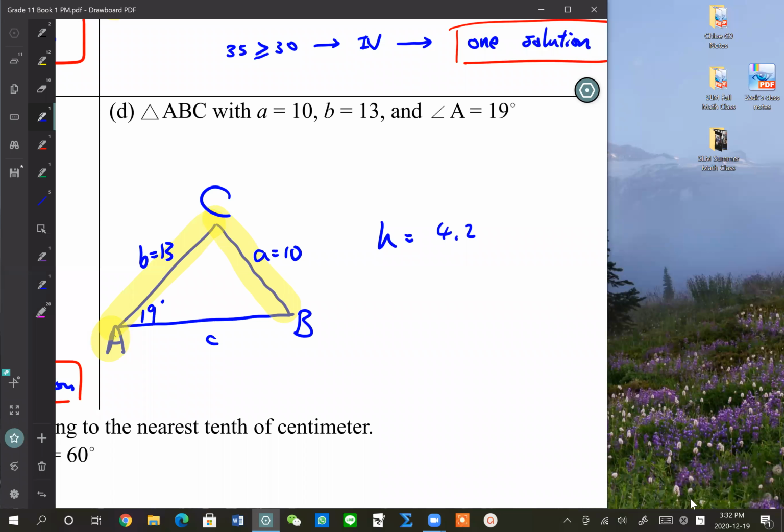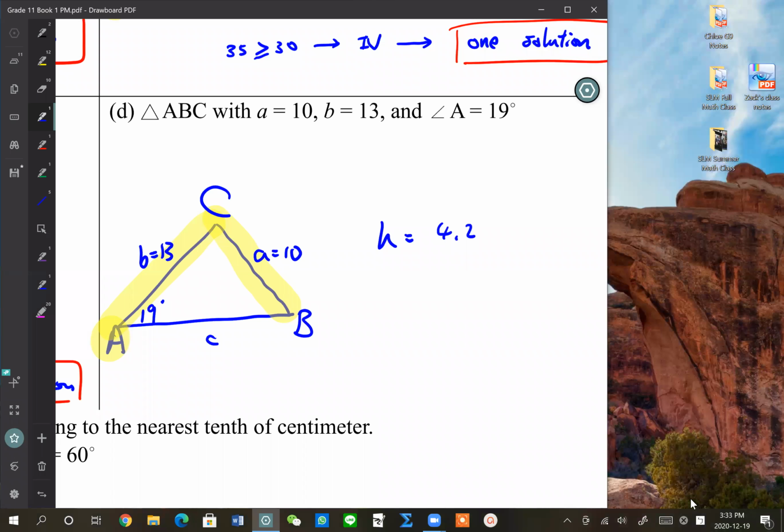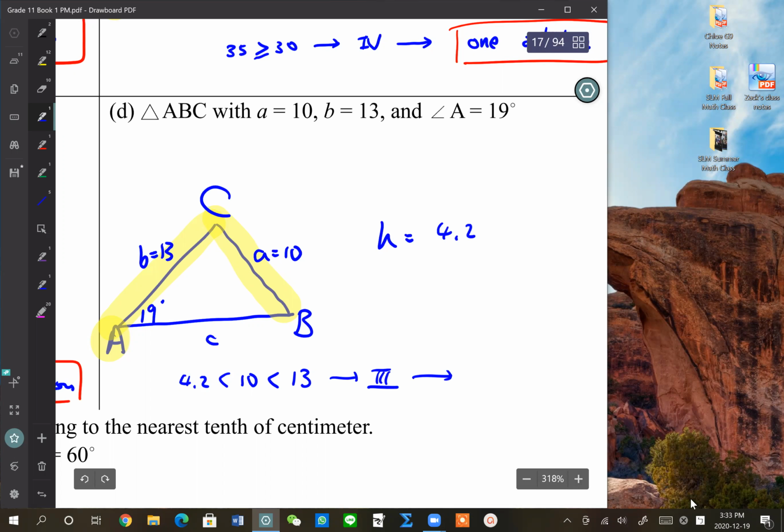I chose case 3 because the height is smaller than the door and the hypotenuse. Okay, and the door is 10, right? Bigger than 4.2, smaller than 13. Case 3, and then? It has 2 solutions. 2 solutions, perfect.